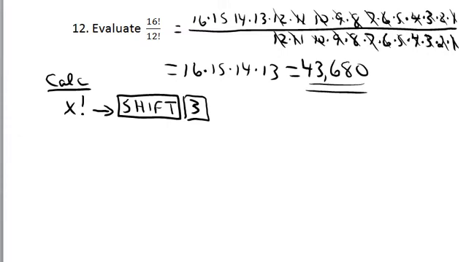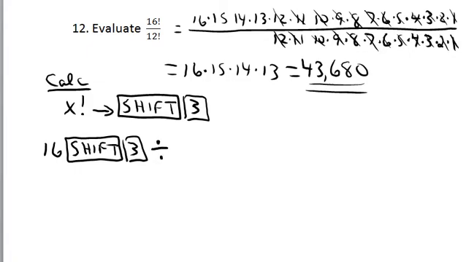So what I could do then, if I'm going to do it on the calculator, is just put in 16, then do shift 3, that's the factorial, and then do divided by and put in 12 and do shift 3 again, which does the factorial of 12.